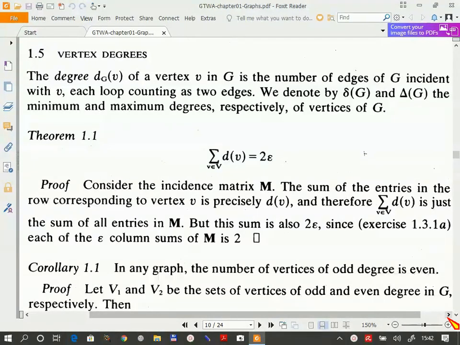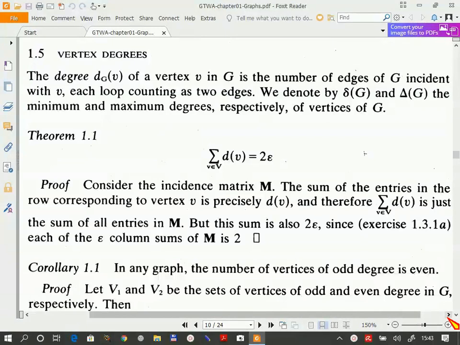Now you get the same sum of all the entries of the matrix if you first sum along column 1. How much do you have? As in the previous exercises, 2. Sum along column 2, again 2, and so on and so forth. So the same sum, seen as the sum of the column sums, is 2 for each edge, and so it is actually 2 times epsilon.